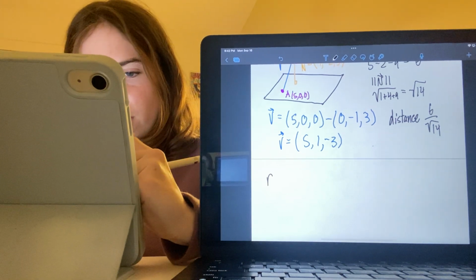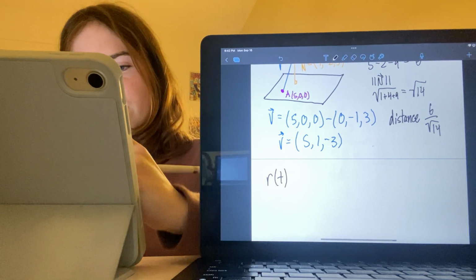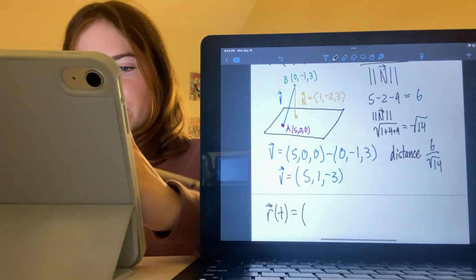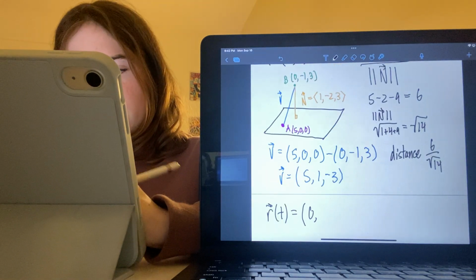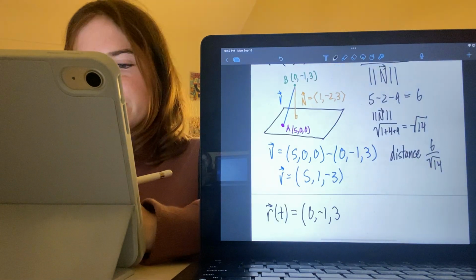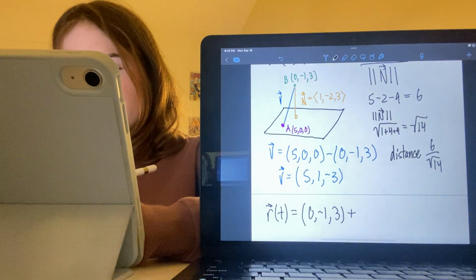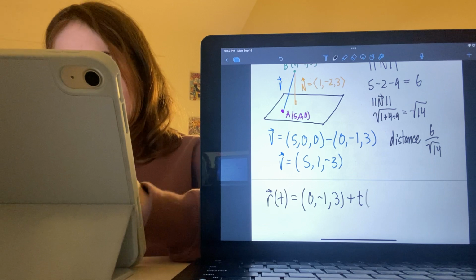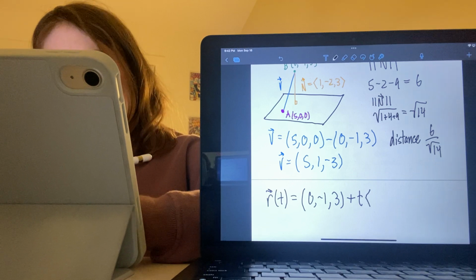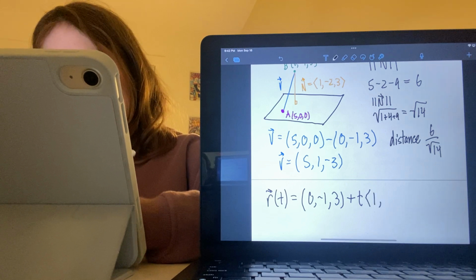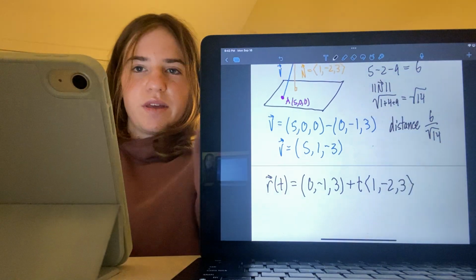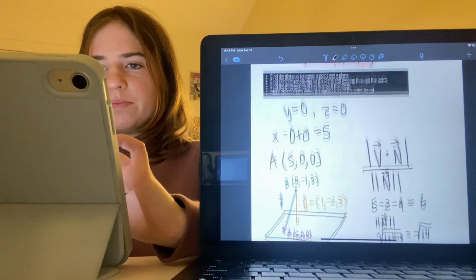So we can say r of t, and we also have our point, equals, so the point we want to use is (0, -1, 3), plus t times the vector (1, -2, 3). So that's going to be the line that crosses through.